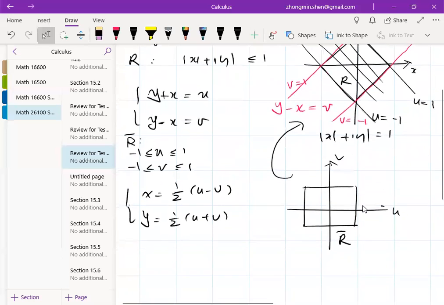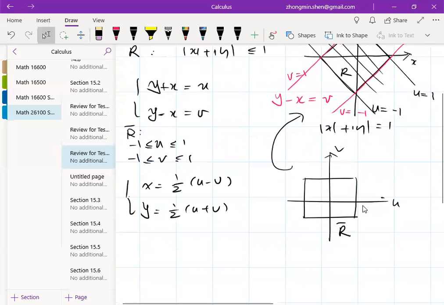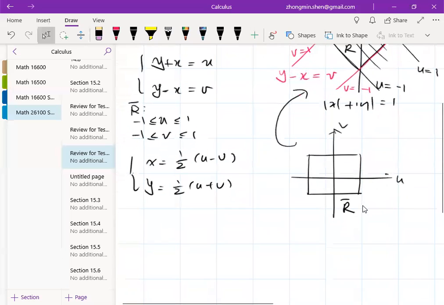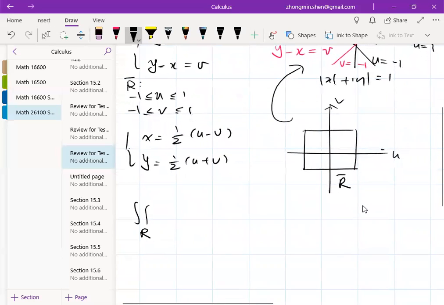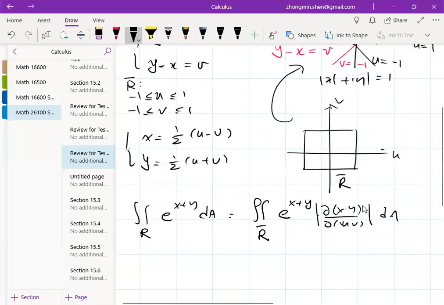So you can use this so-called two-dimensional substitution to pull back the integral on R to R bar. So this is the double integral, right, of e to the x plus y dA, and it becomes the double integral on R bar of e to the, I can still use x plus y for now, times the Jacobian, and dA becomes du dv.